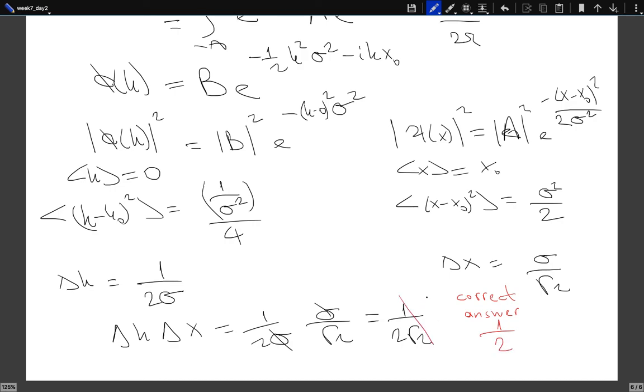It should be one over 2. You see, in fact, this is a special wave function for which delta x times delta k is not larger than 1 over 2, but exactly equal to 1 over 2. It's the wave function that has the least uncertainty.